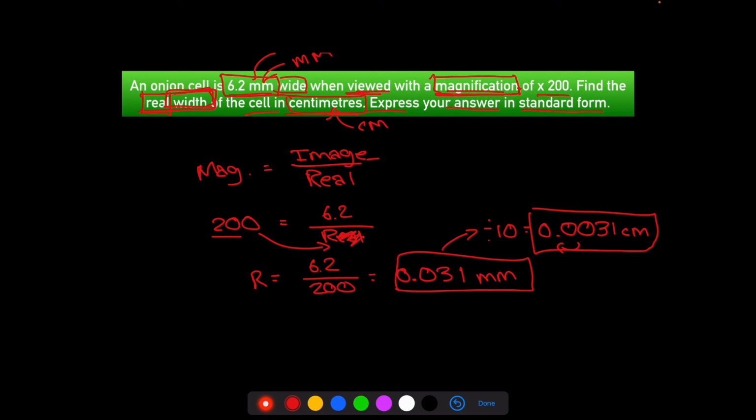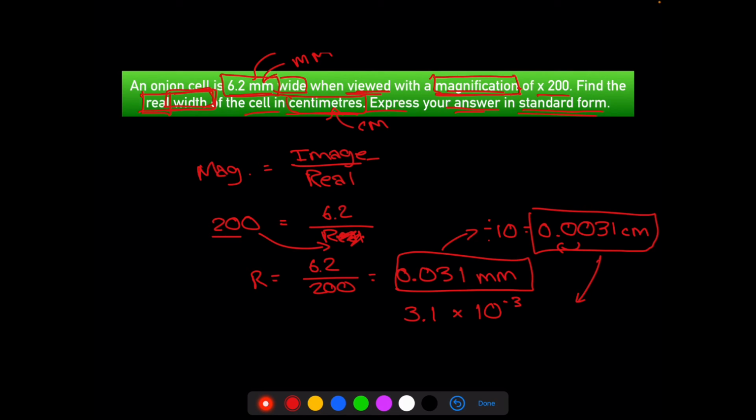However, express your answer in standard form. I've gone all in designing this question, putting as many tricks up there as I could, as many steps as I could. So 0.0031, that you should know immediately. Standard form is 3.1 multiplied by 10 to the power of minus 3. Right?